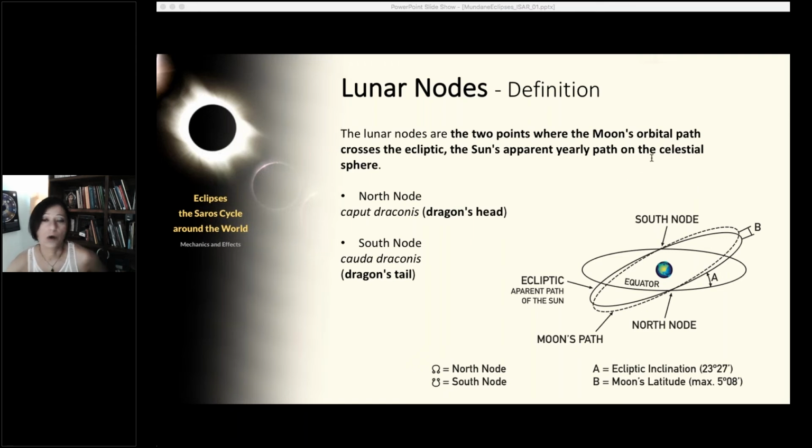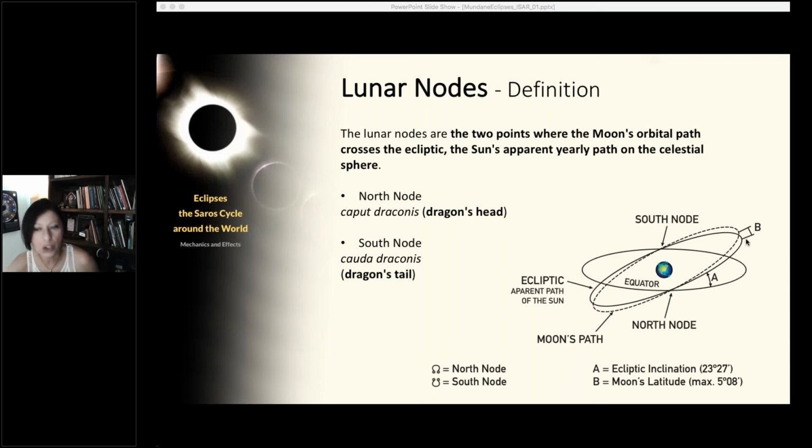So also notice that the point of intersection is not the maximum declination, either northern or southern, but the point of transition, the point of intersection. So when it crosses the south node, it starts going even more south, descending, and when it crosses the north node, it starts to ascend.